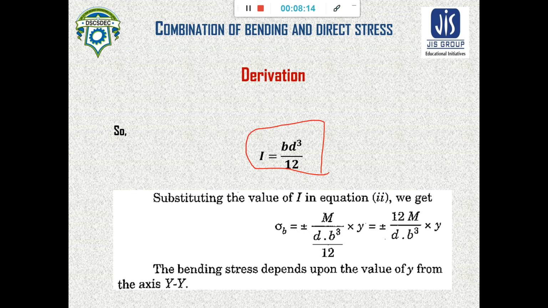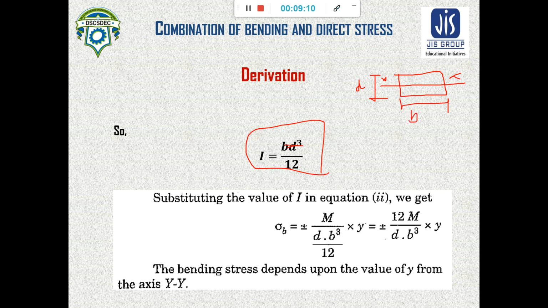This moment of inertia value we derived in the previous semester, so here we will use it directly. But here it is wrong, because b d cube by 12 applies when we calculate about the x axis, where this side is our depth d and this side is b.